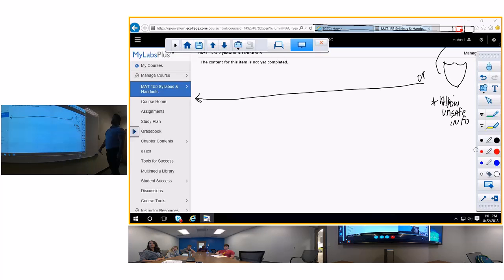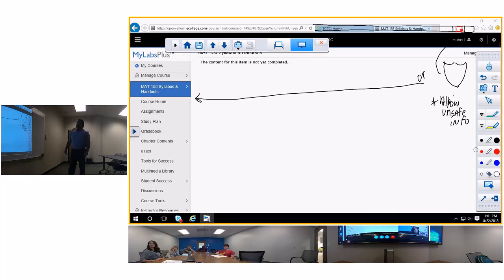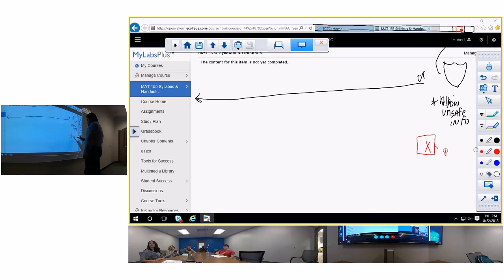If you get that, you need to right-click on the red X and allow, is it allow? It's not allow cookies. It's allow pop-ups. Thank you, whoever said that.